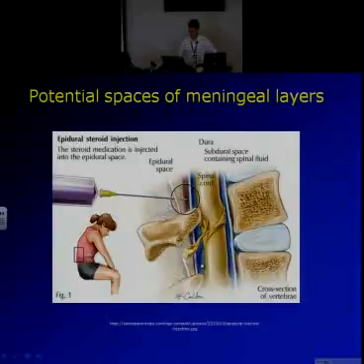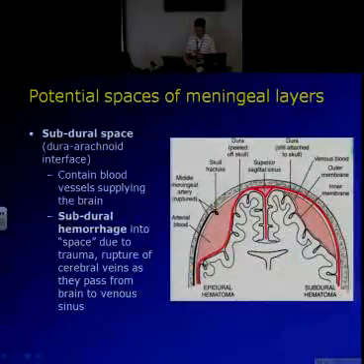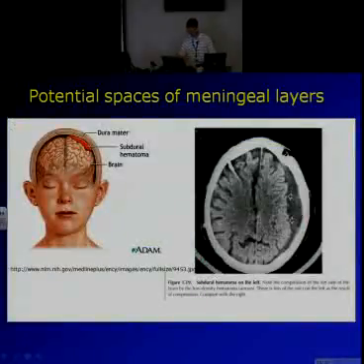If you're penetrating and getting into the subarachnoid, you're obviously going through the dura, through the arachnoid, and getting into the CSF fluid.